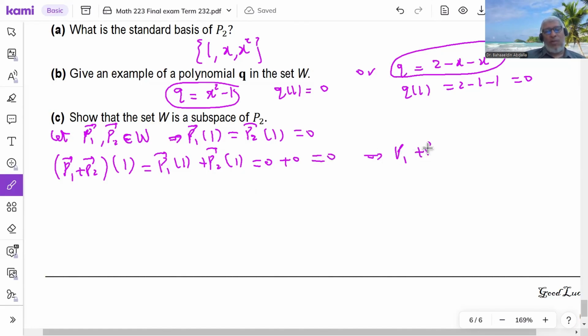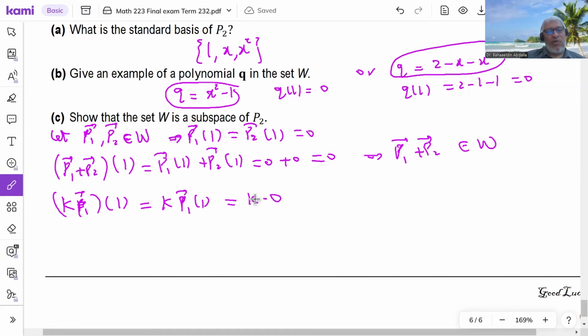So P1 plus P2 belongs to W. Also kP1, if we find kP1 of 1, is it 0? If it is 0, then it is in W. k is a constant, I can take it outside. And P1 of 1 is 0 because P1 is in W. So the answer is 0, so this means kP1 is in W.